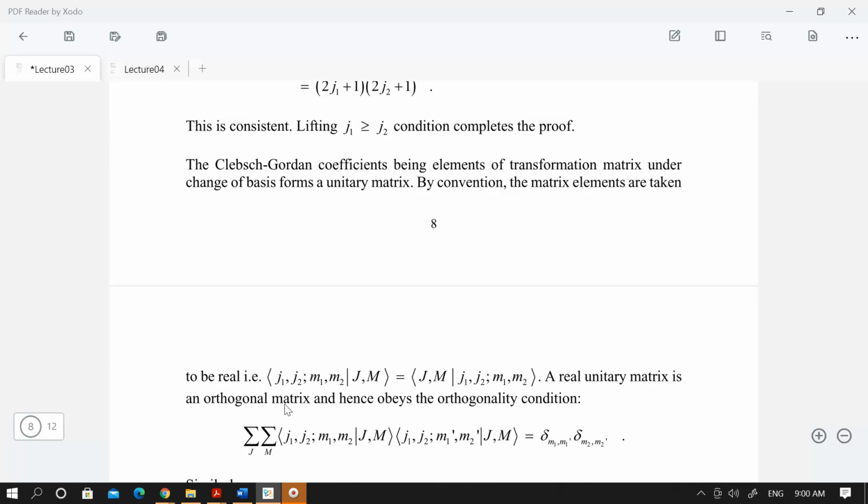Generally, in the general case you have phase factors. In this particular case, we simplify so that your phase factors are simply equal to 1. It's a convention.